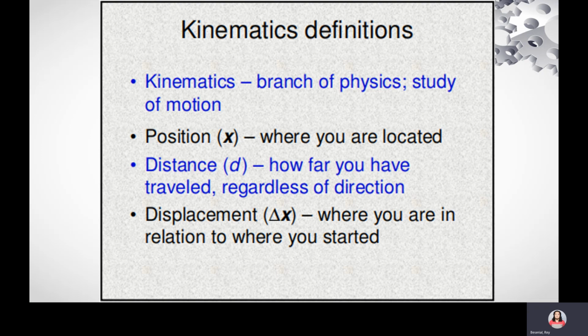And then yung distance, denoted as a small letter d, which specifies how far you have traveled regardless of the direction. And then lastly, displacement, denoted as delta x, which specifies where you are in relation to where you started. Okay, next slide.